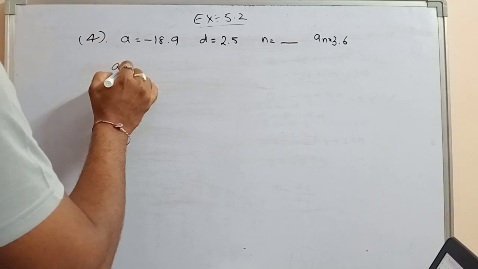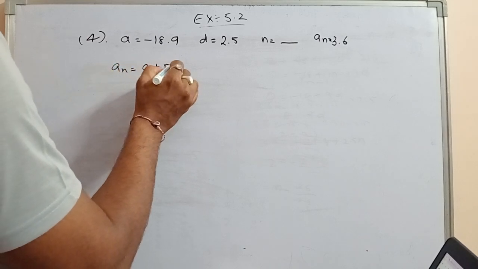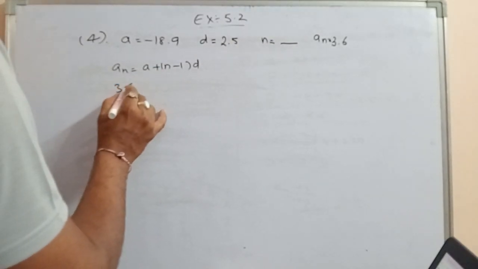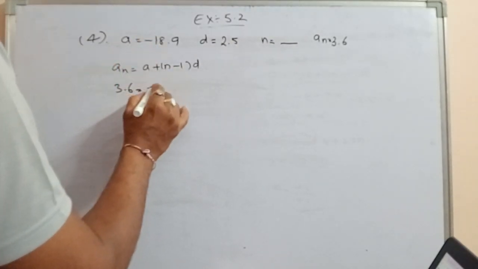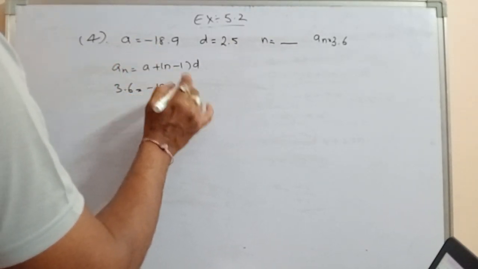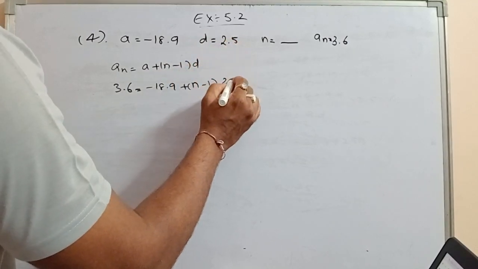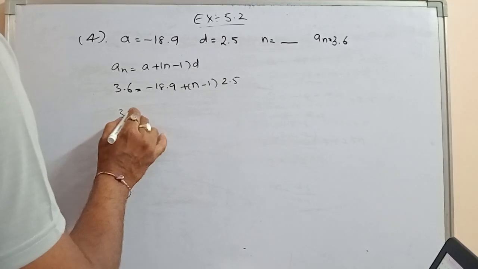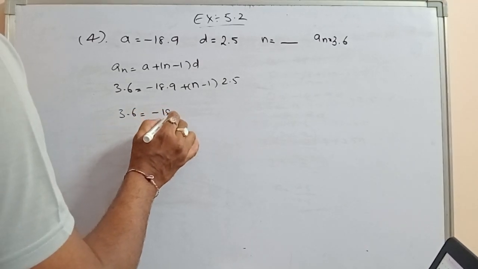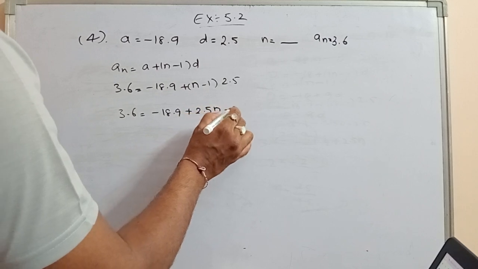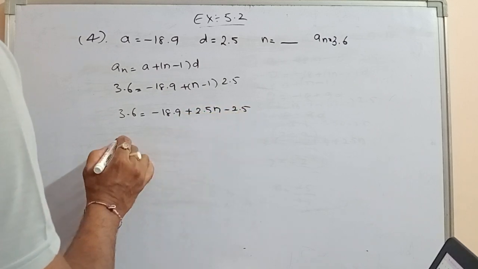So by using the formula an is equal to a plus n minus 1 into d, 3.6 is equal to minus 18.9 plus n minus 1 into d, which is 2.5. So 3.6 is equal to minus 18.9 plus 2.5n minus 2.5.